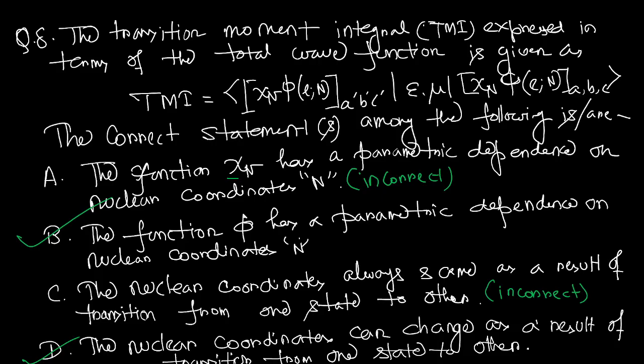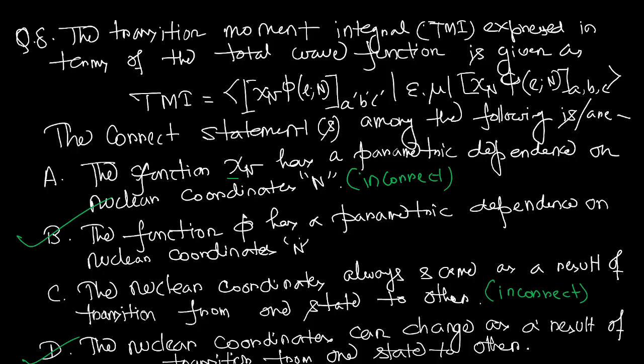That means the coordinate of the electron depends on how the nucleus is arranged. You are exciting, the nuclear coordinate is changing, and in that vicinity the electronic coordinate also changes.